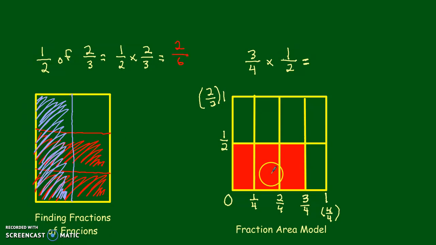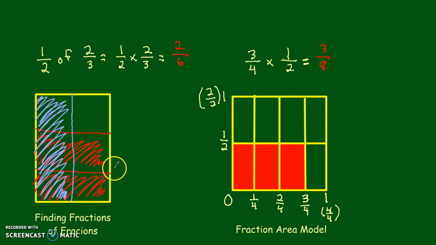For the fraction area model, we treated it like a coordinate grid where we'd go to the right, and that was 3/4. Then we go up, and that was a half, and you can see that represented here in the problem. We ended up with 3 sections shaded in out of a total of 8 sections. Many of you started to notice that if you multiply the numerators together, you get the parts shaded in the diagram.